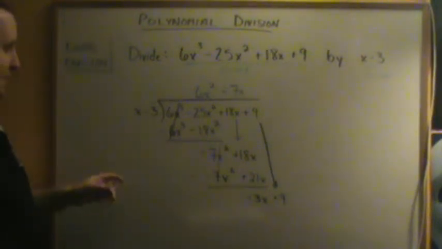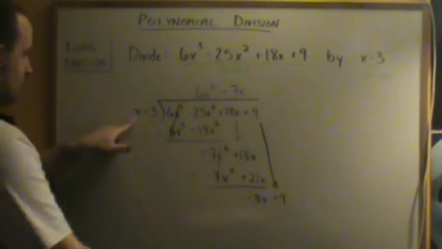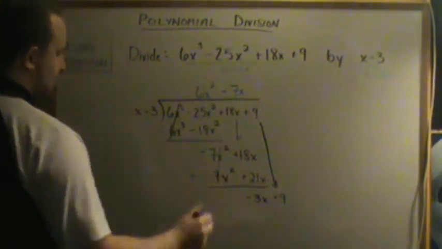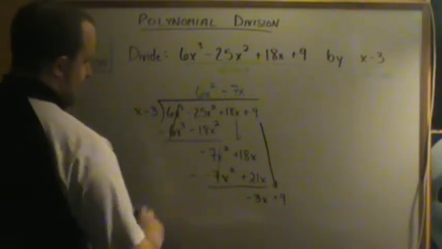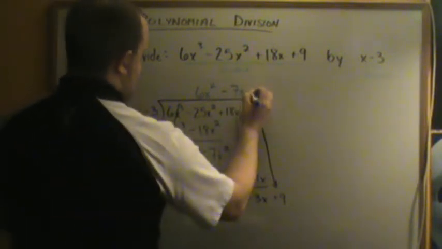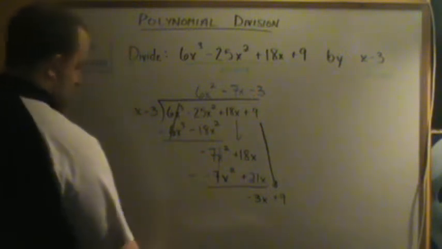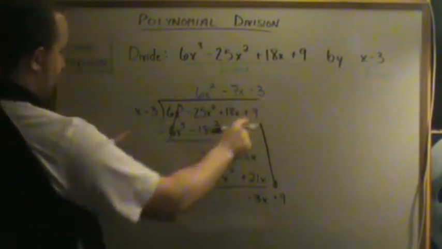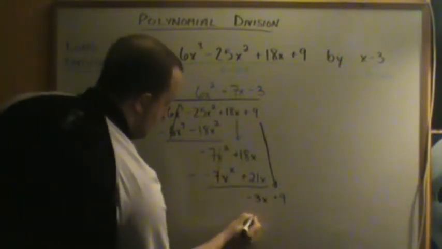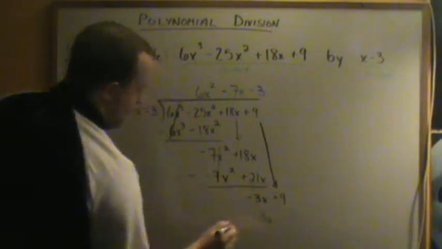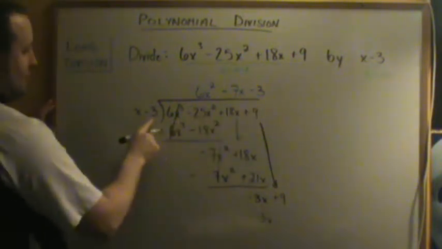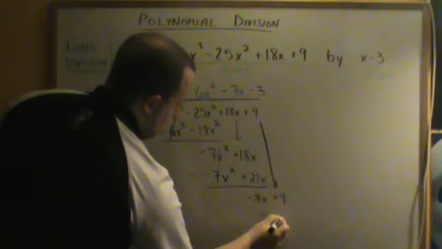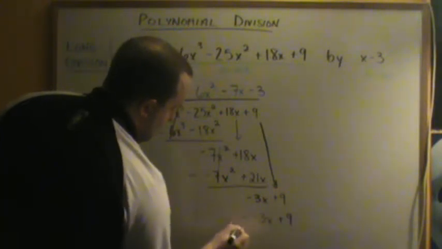Now you continue that pattern. What do we multiply x by to get negative 3x? Well, we multiply it by negative 3. So negative 3 times x is going to be negative 3x. Negative 3 times negative 3 is a positive 9.